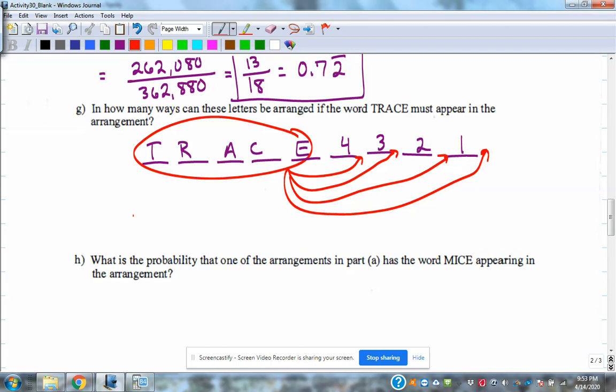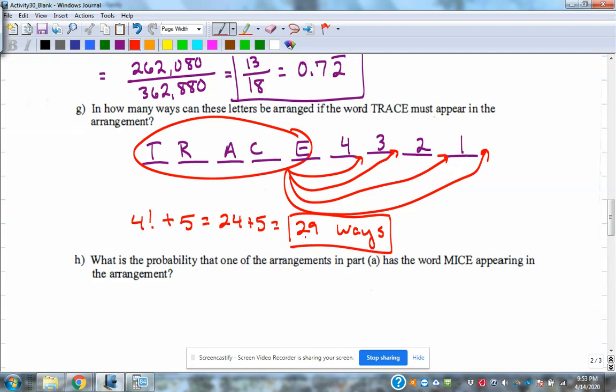So we've got 4 factorial plus the 5 other places that it could be. So 4 factorial, 4 times 3 times 2, which is 24, plus 5. It's a little quicker to do that without the calculator. There are 29 ways.